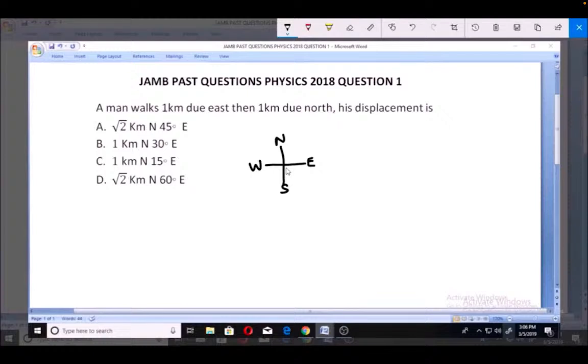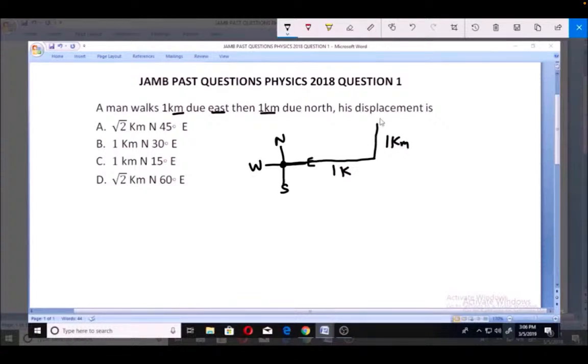Now you have this man walking from here 1 kilometer east. This is the east side. So he's going to walk straight to this side 1 kilometer east. Then after walking 1 kilometer due east, he then walked 1 kilometer due north. So he's going to walk up north. This is the direction of the north because this is east, this is north. Up north, and he walked how many? Also 1 kilometer north. So that is the movement.